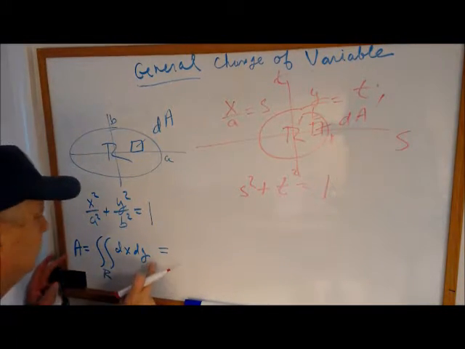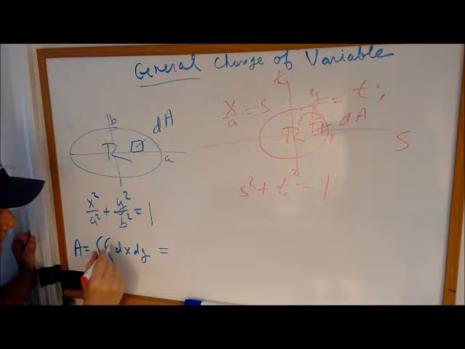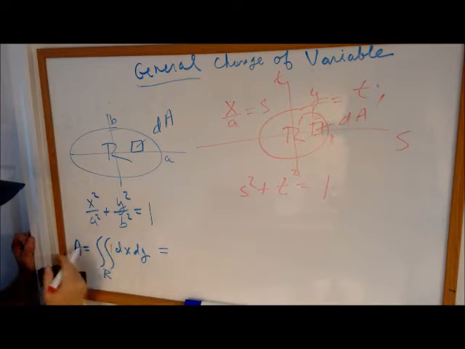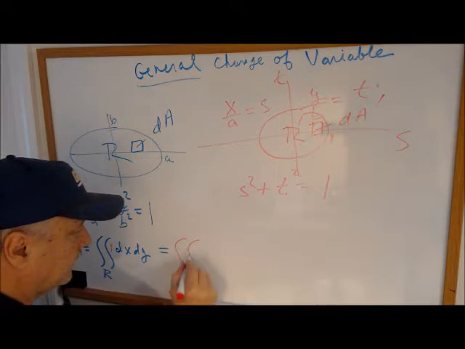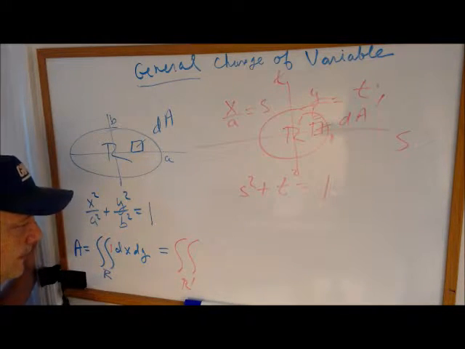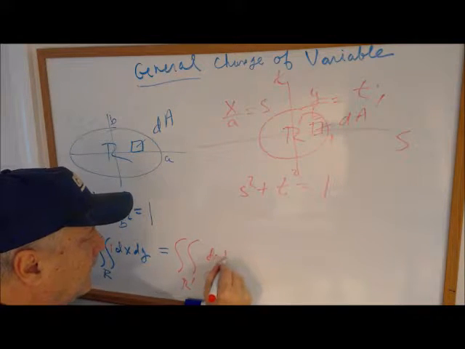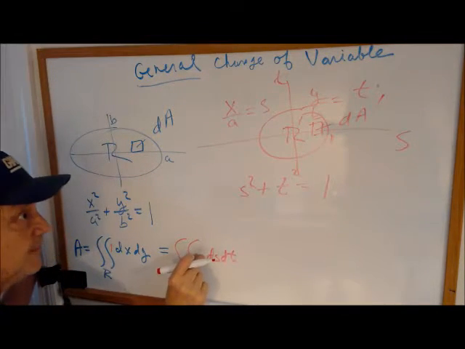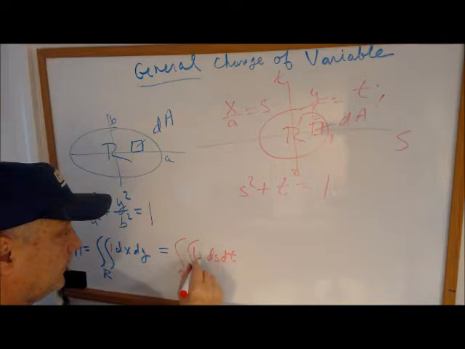Now, our theorem says the double integral of a function, well, the function is just 1, so it's sort of a trivial function. It doesn't really do anything in this particular example. But on the right-hand side, we have R prime, and we have ds dt, and all we need is that stretching factor, that absolute value of the Jacobian.